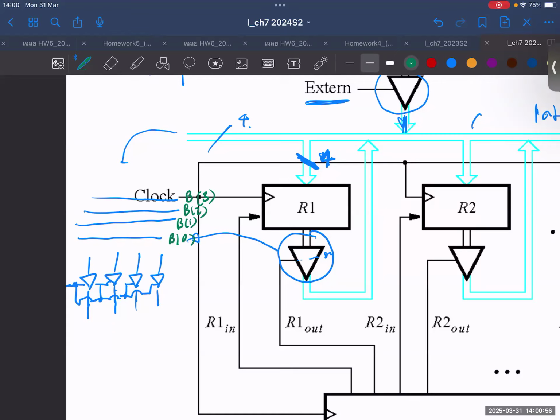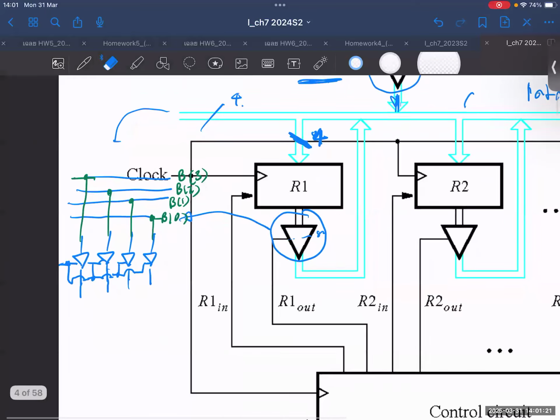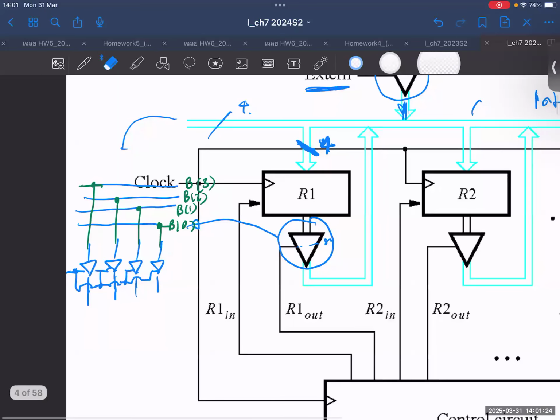Okay, so these are connected to this, right? B3 is connected to this. So that's the meaning of it. Okay. Oh, okay. Sorry. Oops. These are not connected like this.